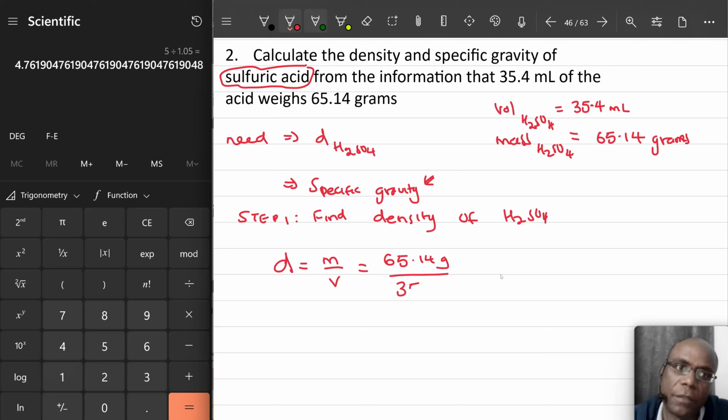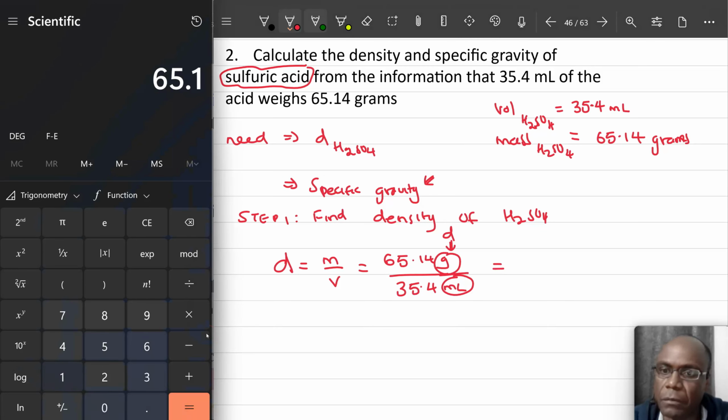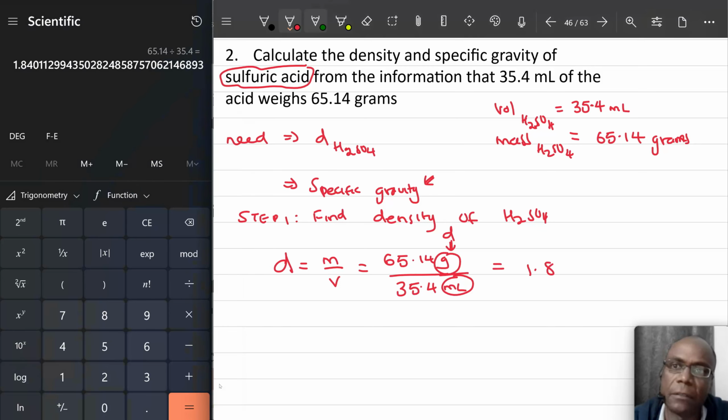Our volume is 35.4 ml. We already now have the units, grams per ml. That's the units for density. Remember that. So if I divide 65.14 by 35.4, I'm getting a density of 1.840112299. Let's stop there. Grams per ml.